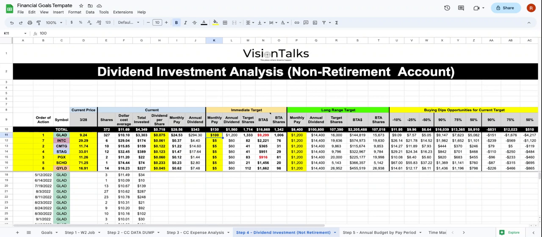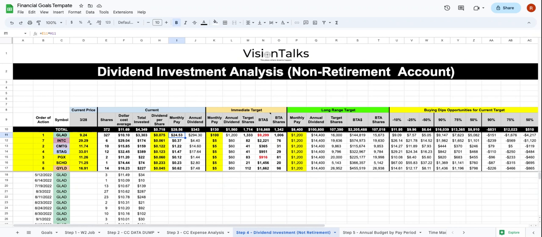So with that in mind, I want to make $100 per month off of this particular stock. $100 a month would get me $1,200 per year. In order to get that $100 a month, how many shares do I need? I need essentially 1,300 shares.